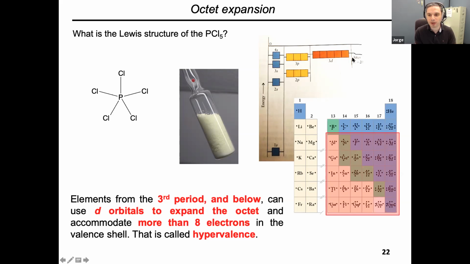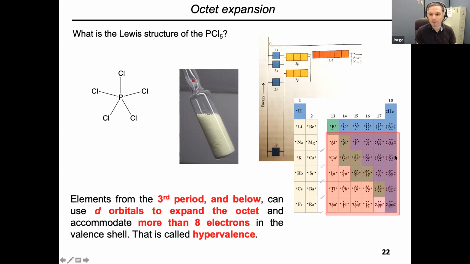And look here what happens. The 3d orbital has very, very low energy, and this energy is very similar to the 3p orbital. Therefore, atoms from the third period below can expand the octet and start filling up the 3d orbitals.